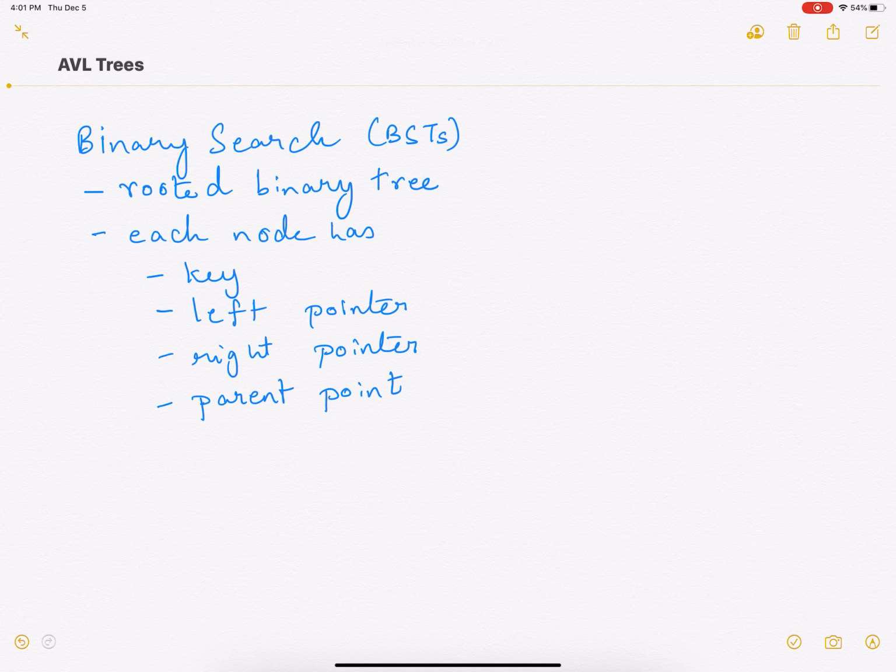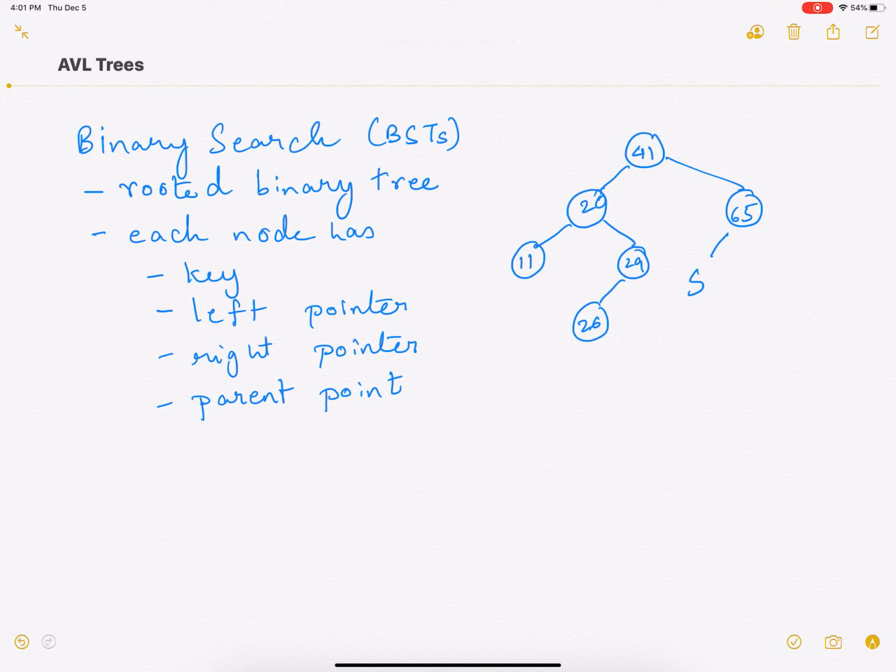An example of a binary search tree is this one. So there's say 41, 20, 11, 29, and 26, and 65, and 50. These are the nodes in a binary search tree.